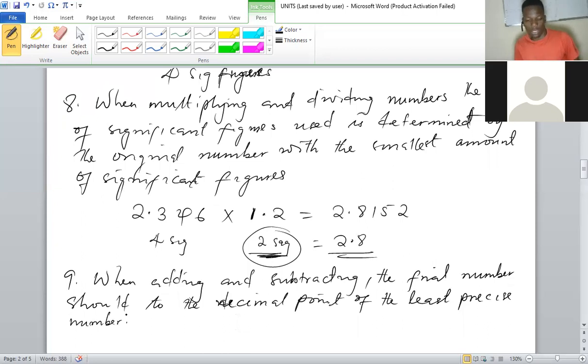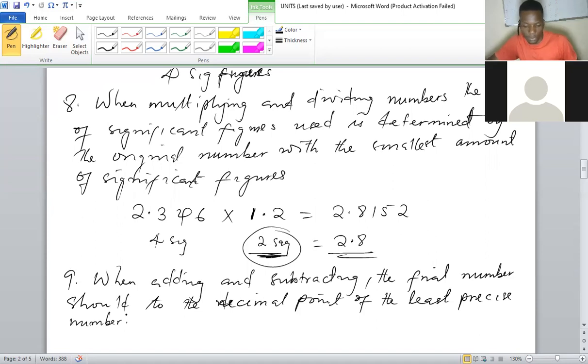Okay, so I've run you through the rules you use in terms of knowing the number of significant figures when you're multiplying, when you're adding, and what you need to do to the answer.